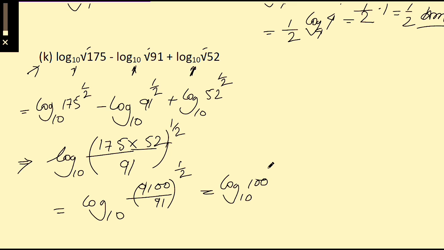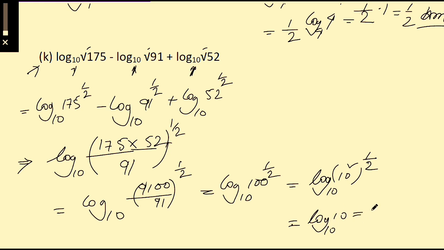Instead of 100, we can write 10 square. So here we will have log 10 square, with power 1 over 2. Here 2 and 2 will be divided, then it will become 1. So finally we will get log 10 to the base of 10, and this log will become 1, and this is our final answer.